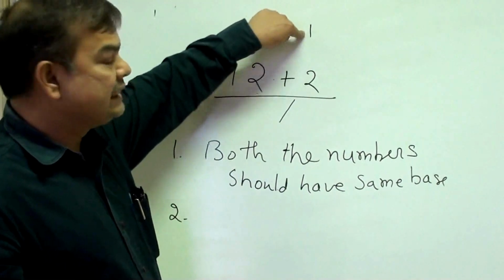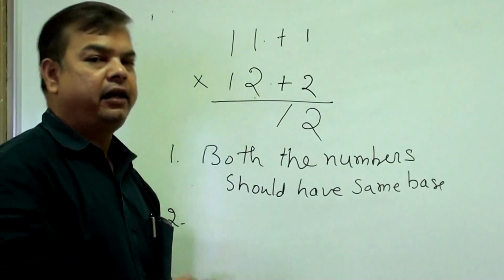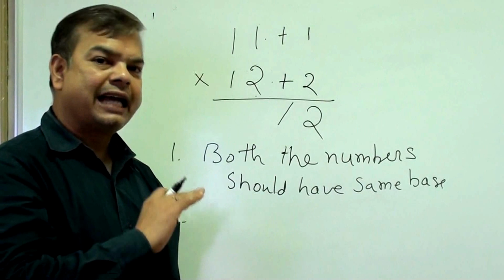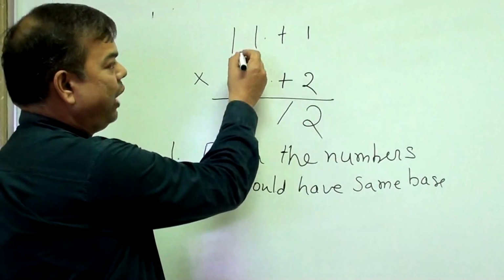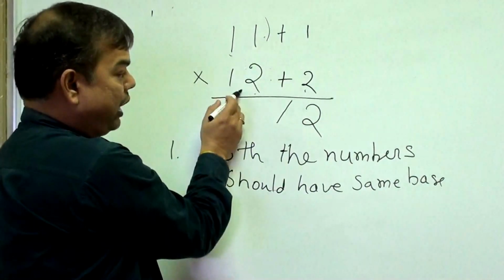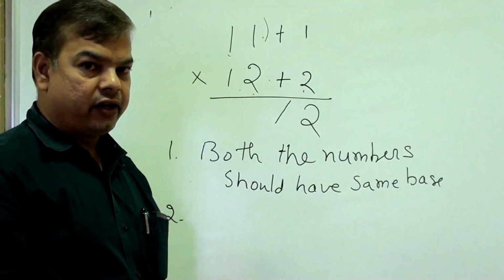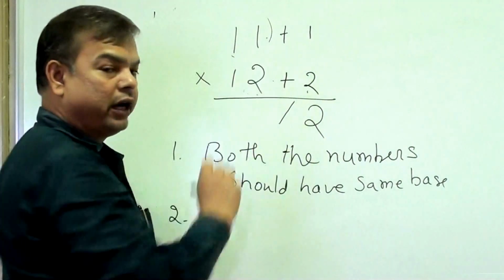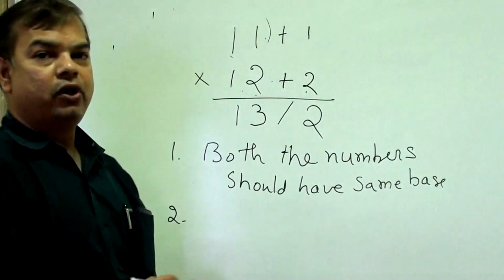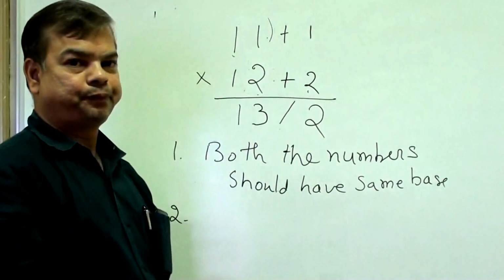So 2 ones are 2. And our multiplication is over. After this, we are going to do cross addition. Either you add this 11 with 2, or you add this 12 with 1. If you add 11 plus 2, it is 13, or you add 12 plus 1, it is 13. So we get 13 and we will write 13 here. So our answer is 132.